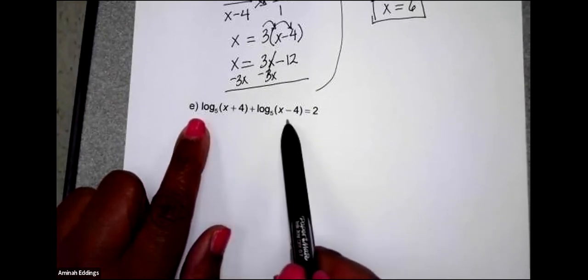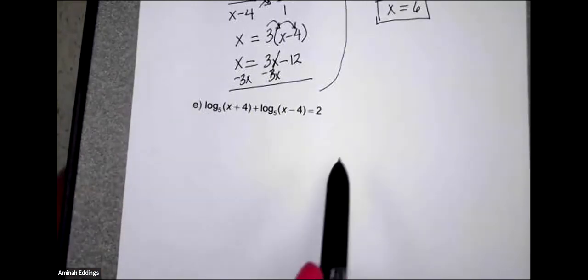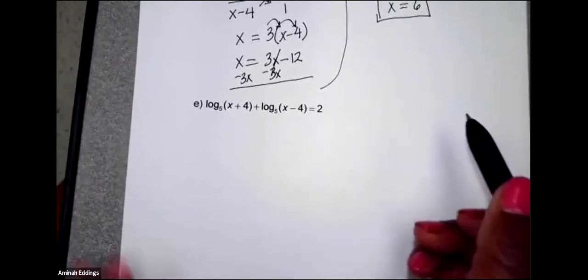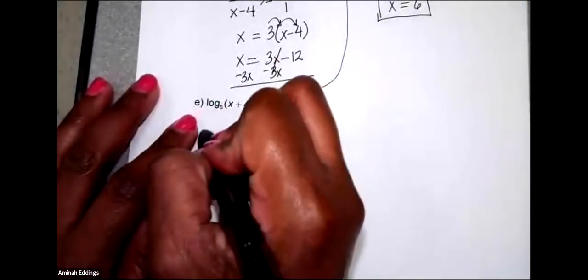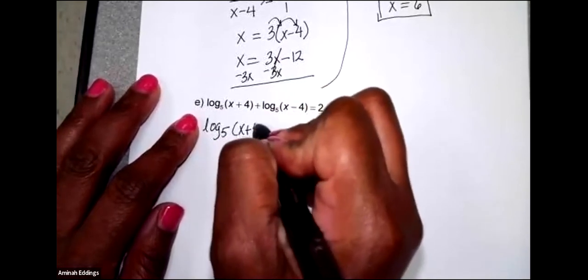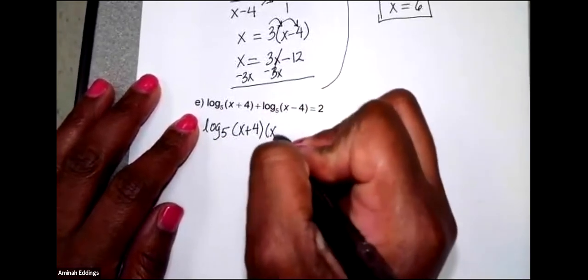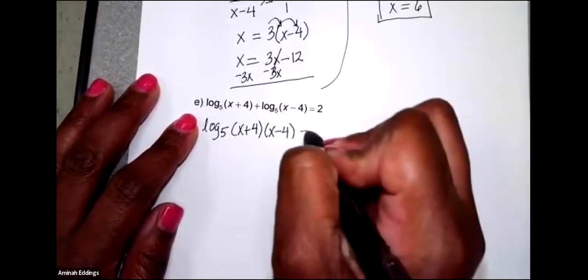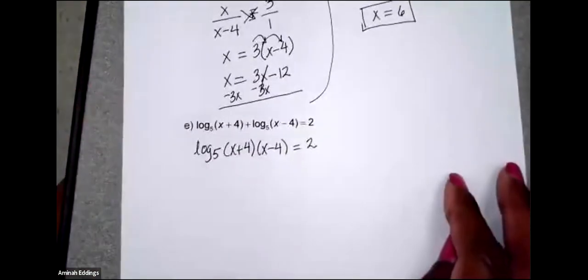So what can I do? Because I need to only have one log. Multiply? Good. Yes, I'm going to rewrite this using my product rule. So this becomes log base 5 of x plus 4 times x minus 4 is equal to 2.